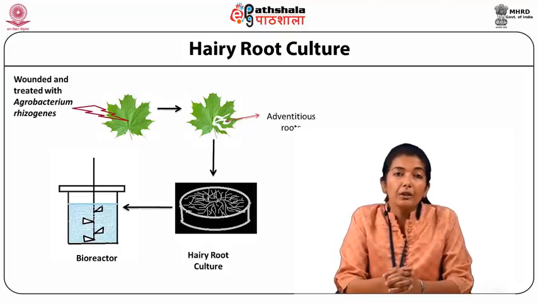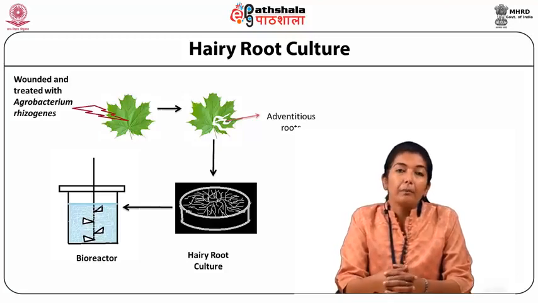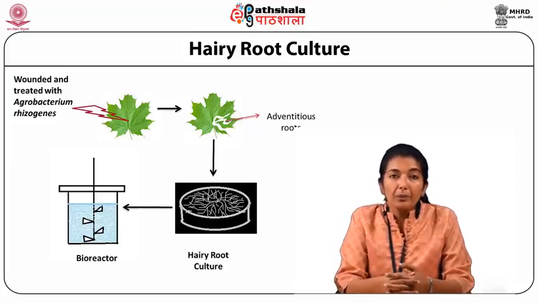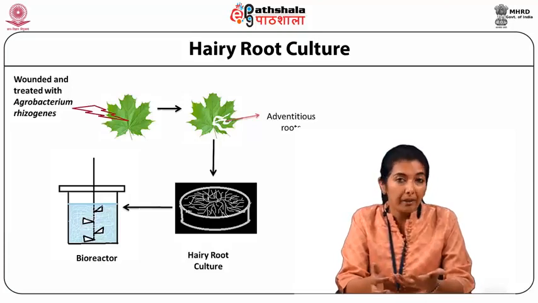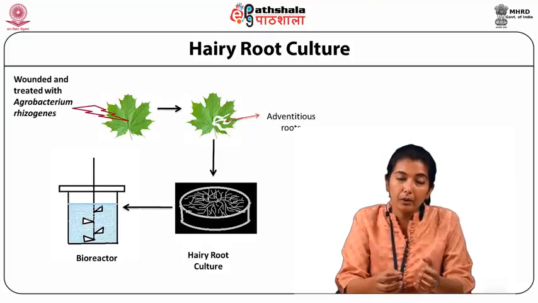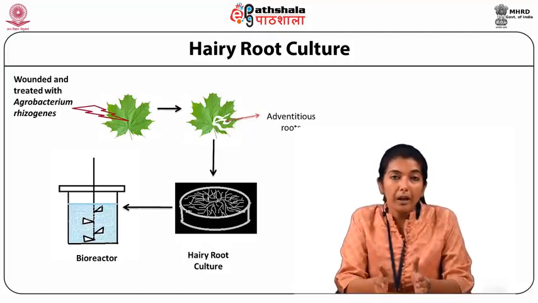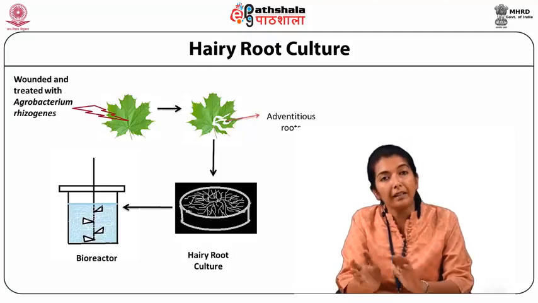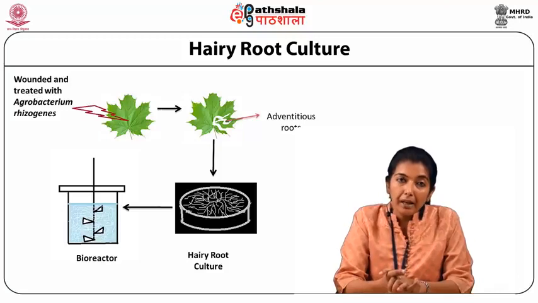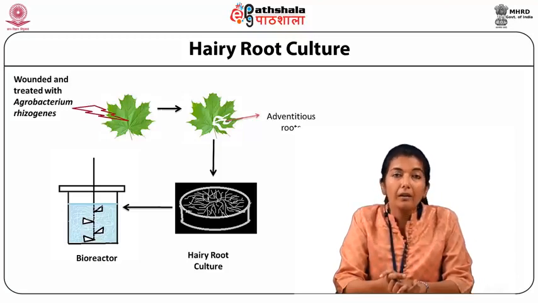We will culture it on the next medium which stimulates the tissue to produce more such roots. We do this on a Petri plate. Once we have good multiplication of roots, we take it to the next stage, which is the bioreactor. The bioreactor is an automated system wherein all the parameters are controlled.